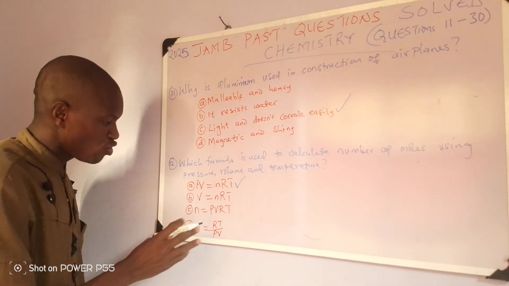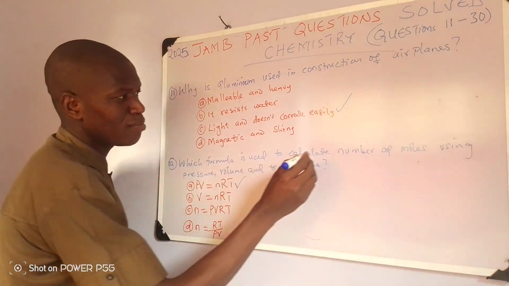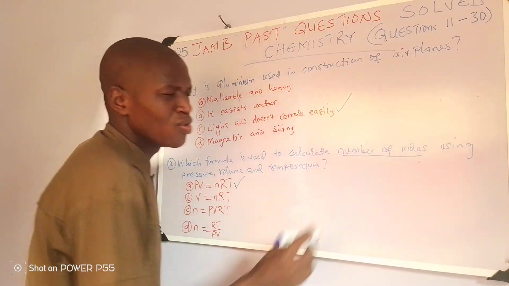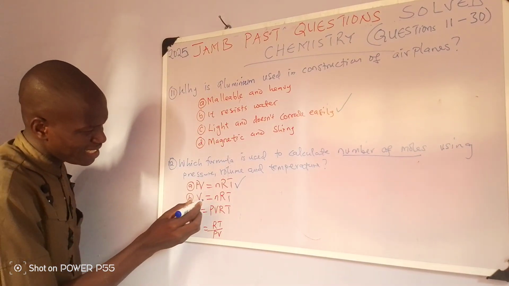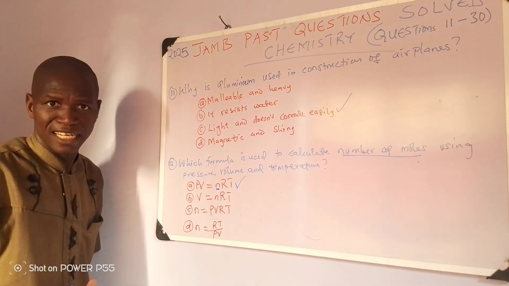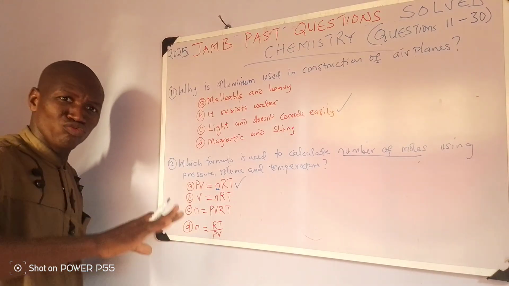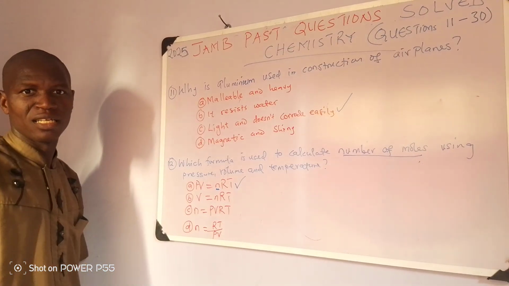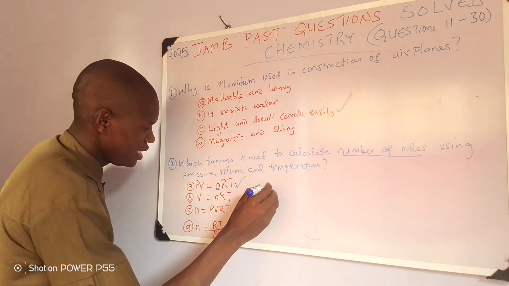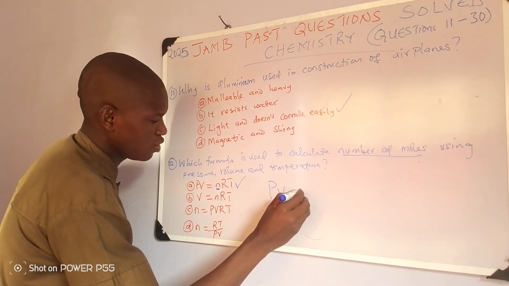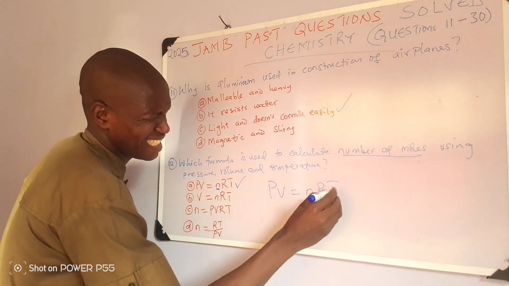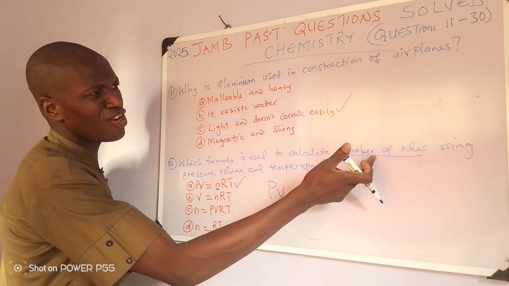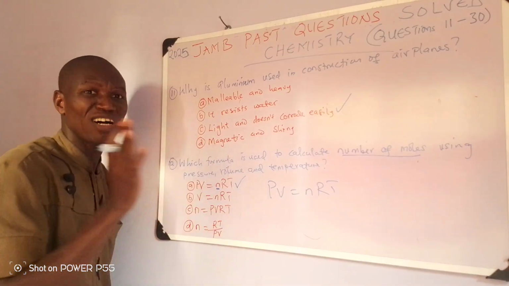What is that? So for example, since they are talking about the number of moles, which is represented by a small letter n, JAMB may decide to make that n the subject of formula and give you that formula. For example, PV = nRT is actually the formula for calculating the number of moles using temperature, pressure, and volume.